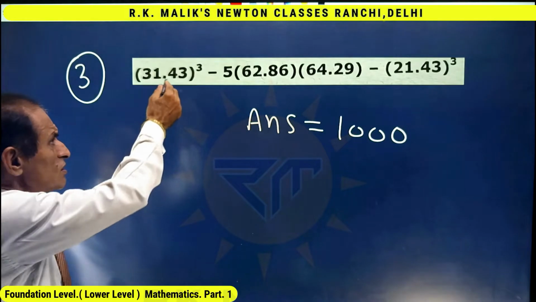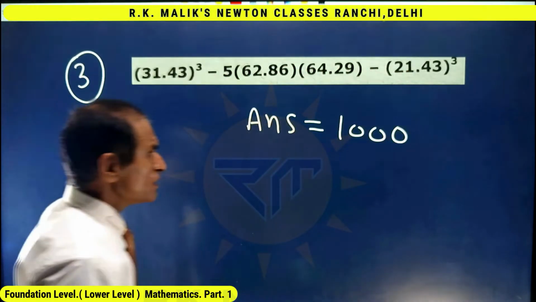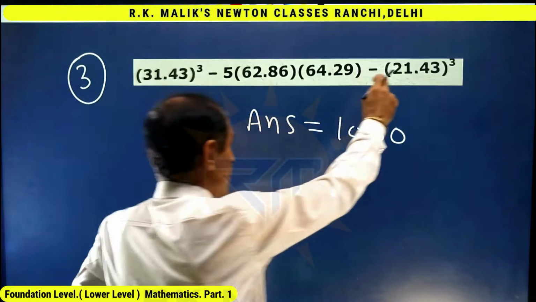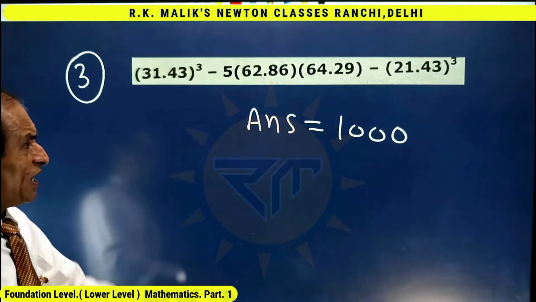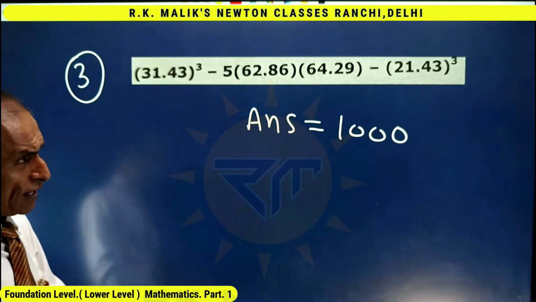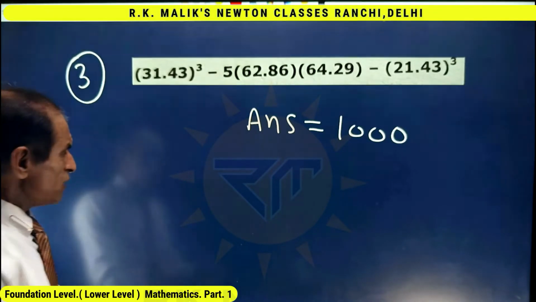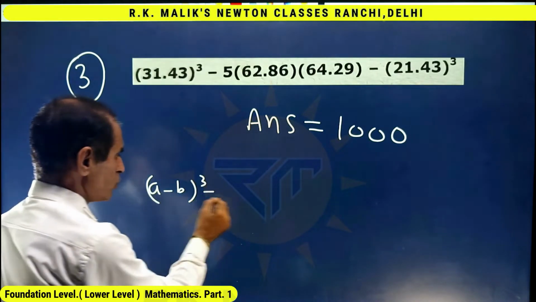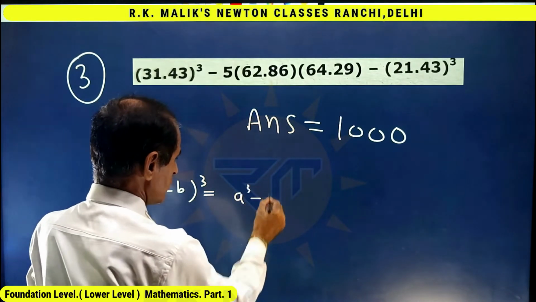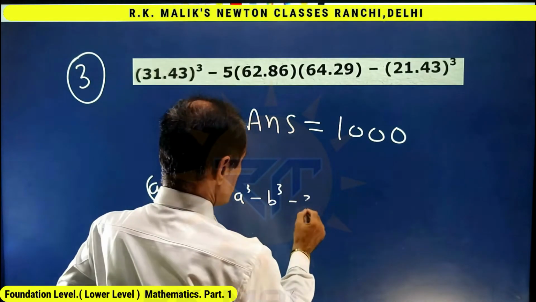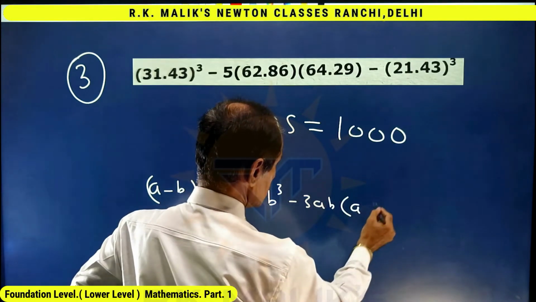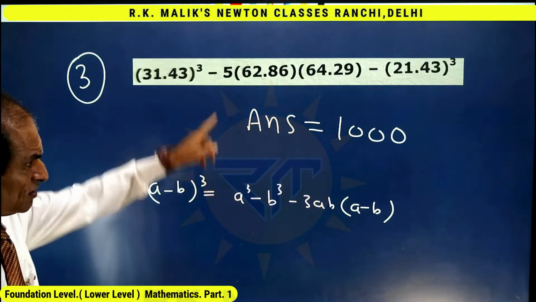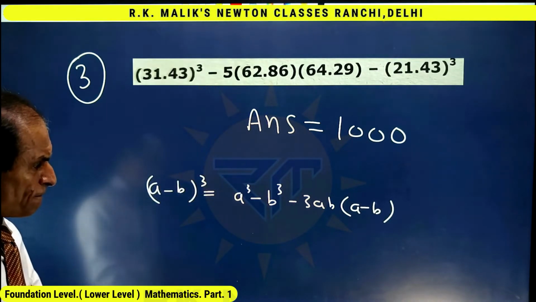Again, in this case, this cube and this cube give me the hint that I should suppose this as A and this as B, when A cube minus B cube has come, and I know the formula that A minus B whole cube is A cube minus B cube minus 3AB into A minus B. Let me see, is this question in this form?